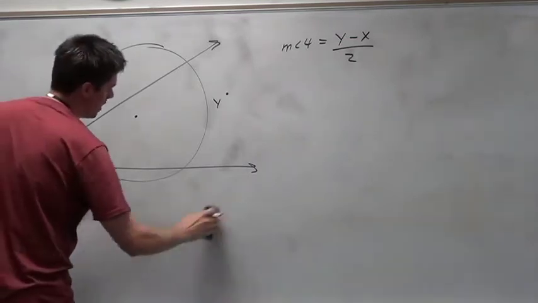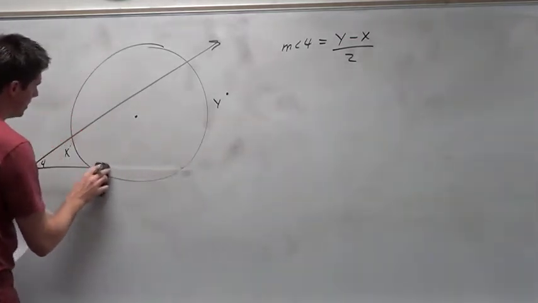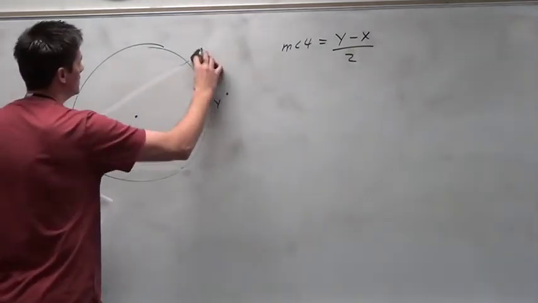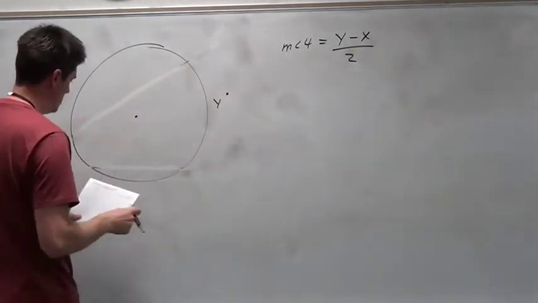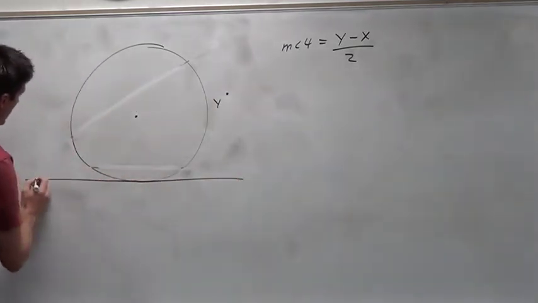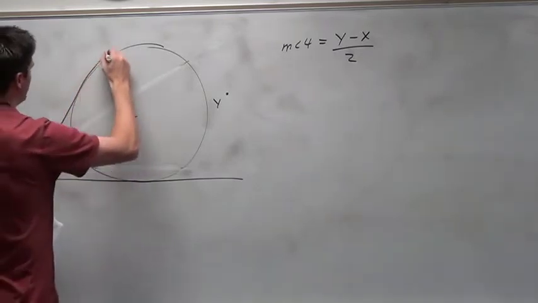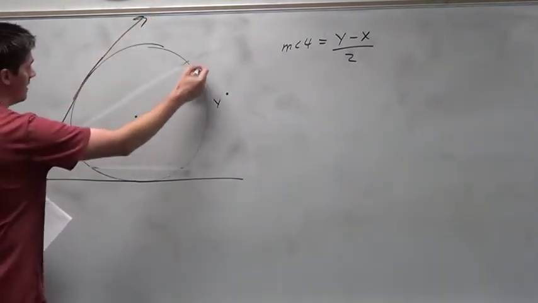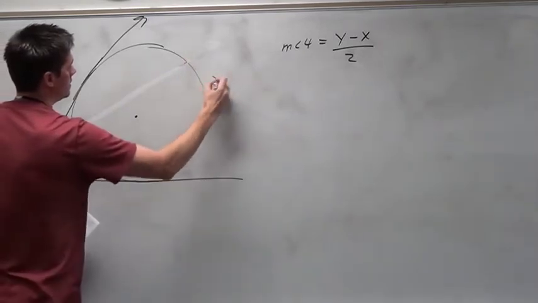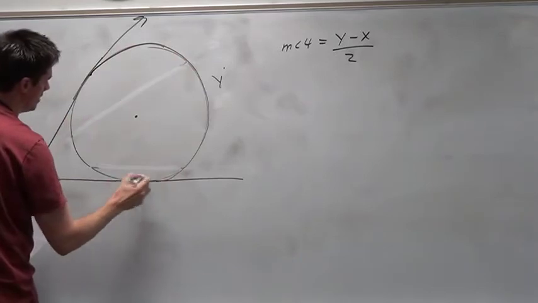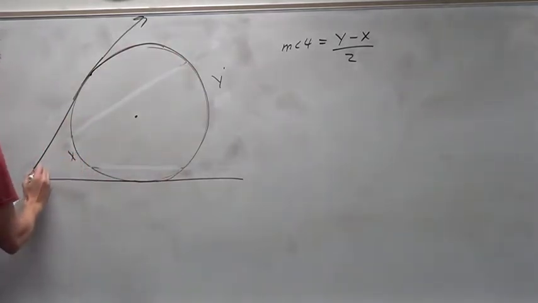Number 7 is the same way. The only difference on number 7 is you have 2 tangents. So we have a tangent line out here, and we have a tangent line there. You have the y. You got this humongous arc going all the way around here, and you got the little arc back here, and this is angle 4.